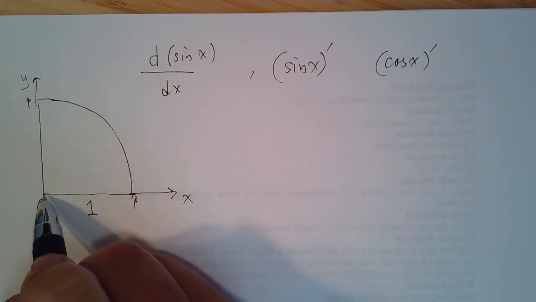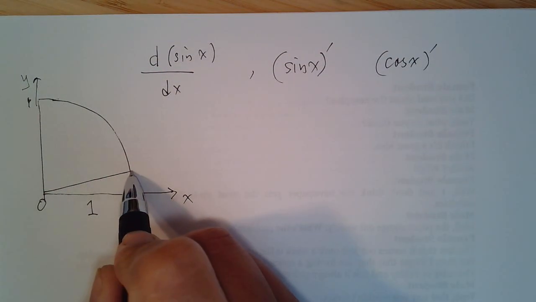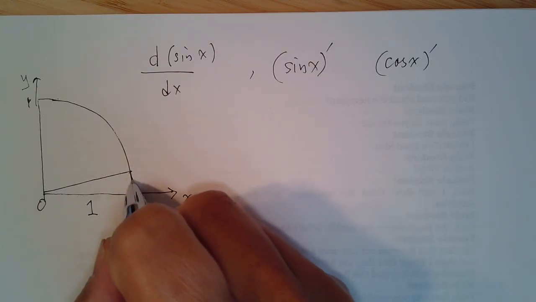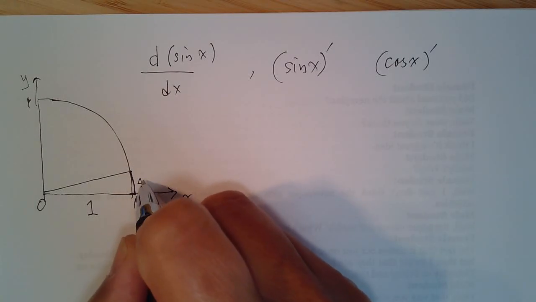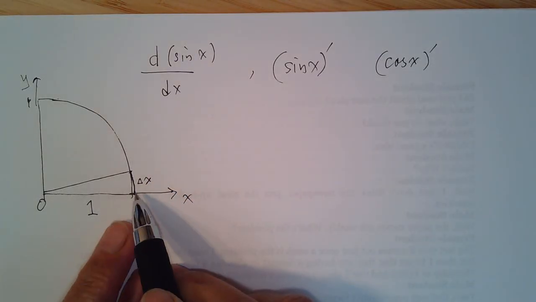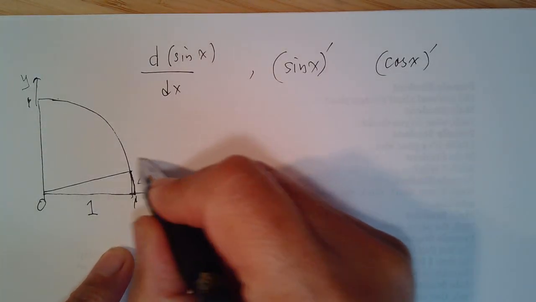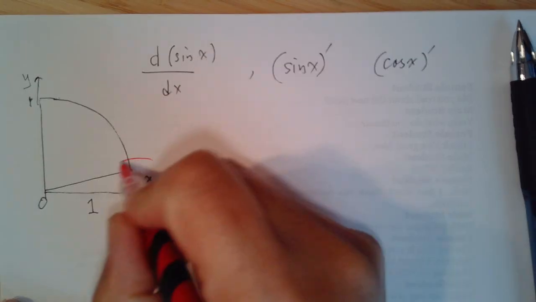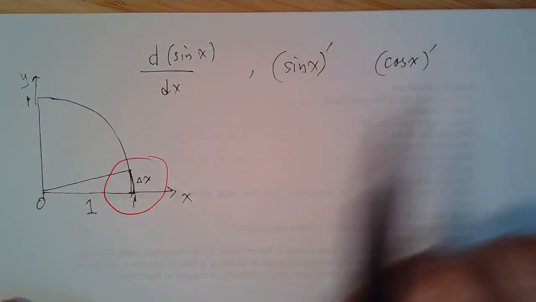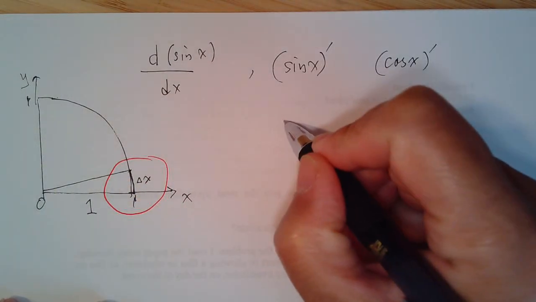And the angle is tiny, and this arc is, let's say, starting from here and up by delta x. Now, if I enlarge this, let me just use another color to show.